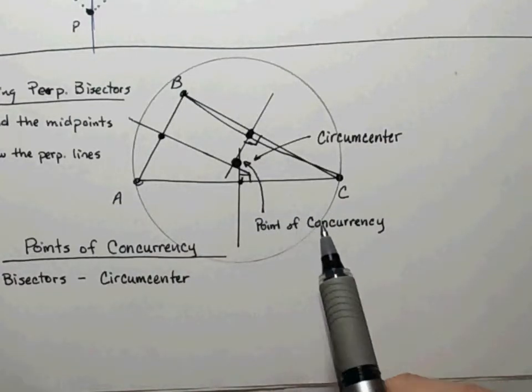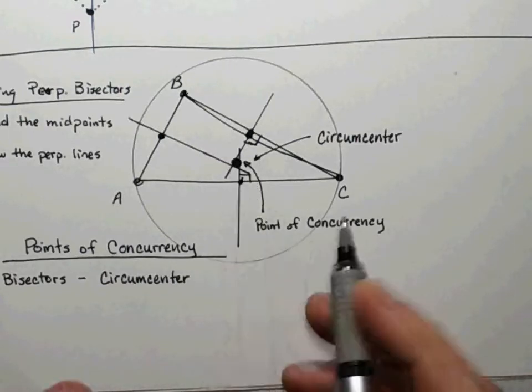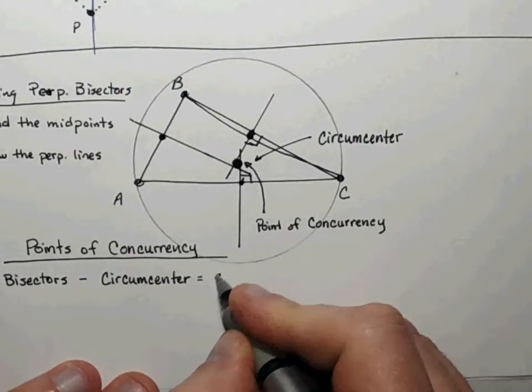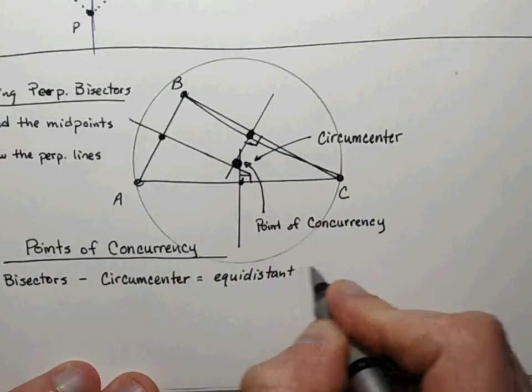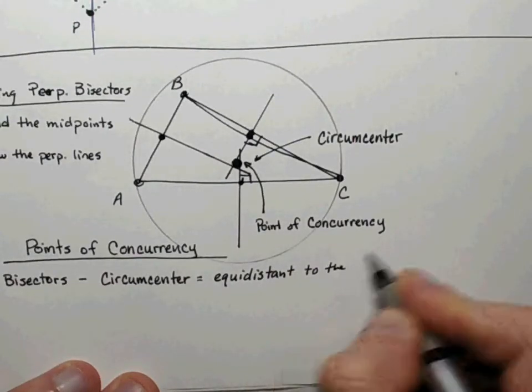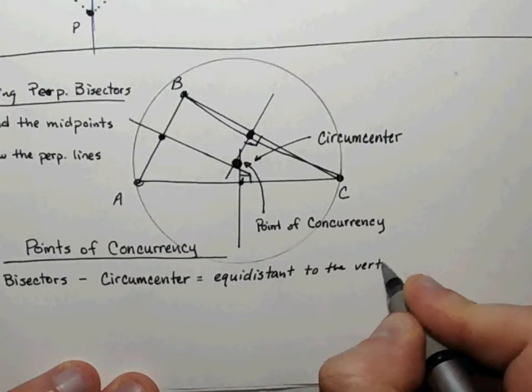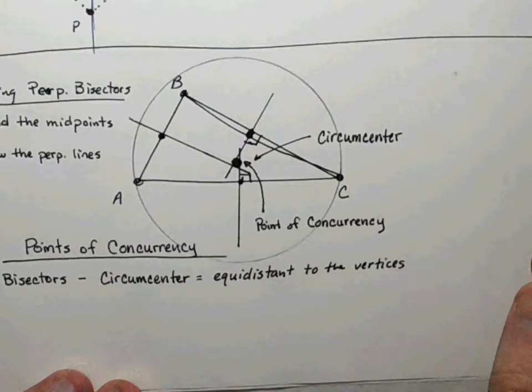But what we would see is that the circumcenter is equidistant to the vertices. Okay?